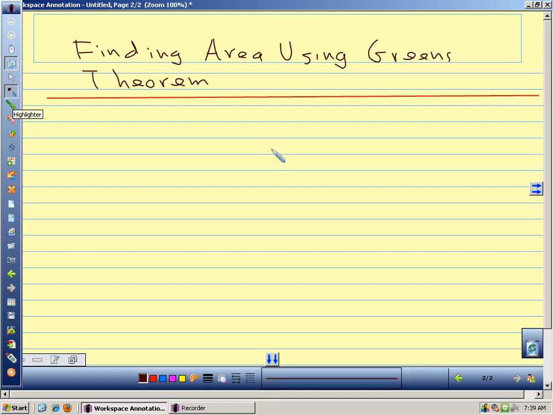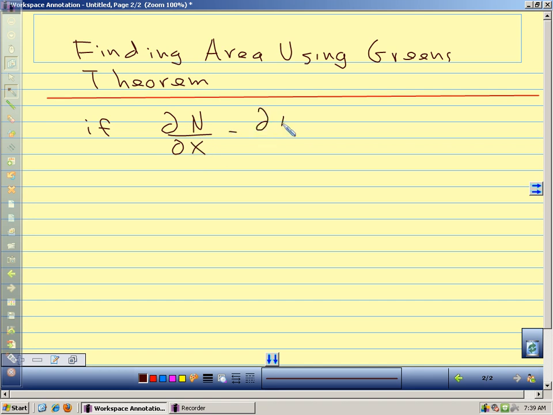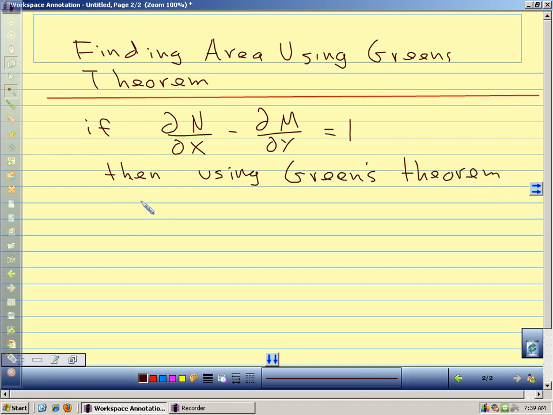So what we saw in our last problem is if dN/dx minus dM/dy equals 1, then using Green's theorem, we end up with just the double integral over our region of dA.